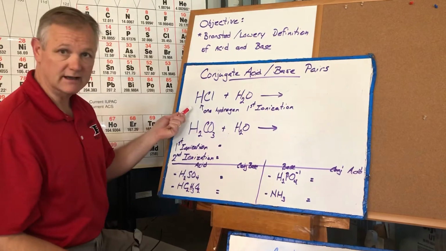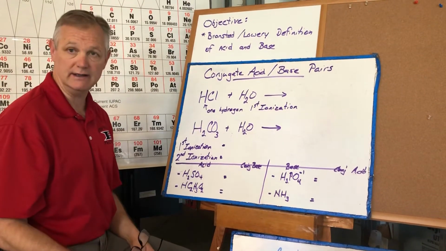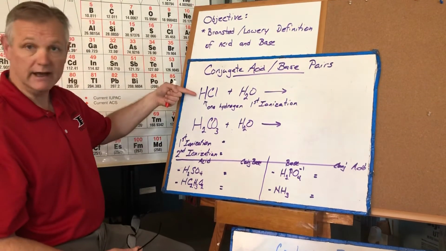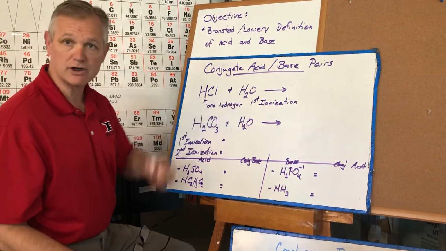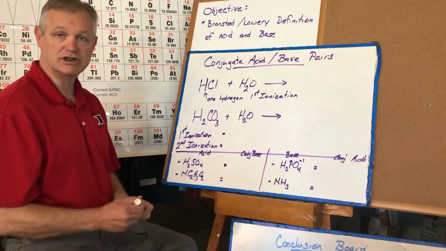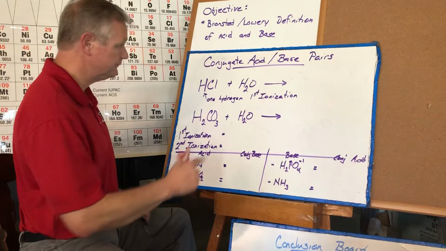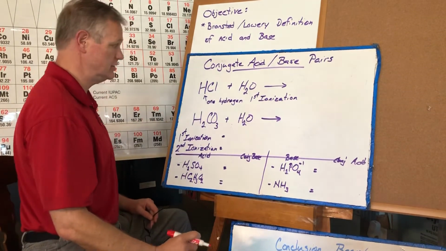So if HCl is the acid, by the Bronsted-Lowry definition, it has to donate a hydrogen ion. If it donates a hydrogen ion and it only has one hydrogen, then we say it undergoes first ionization whenever it donates just the hydrogen ion. So what's going to happen is the water, H2O, is going to accept the hydrogen ion.